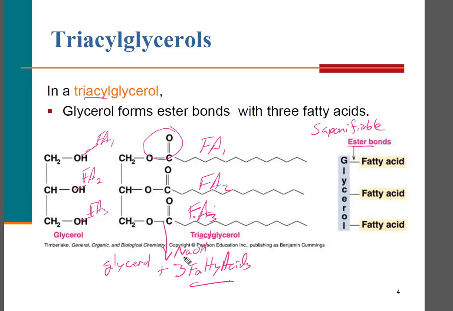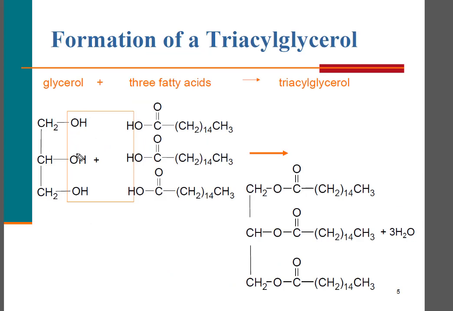But remember, sodium hydroxide is a base. So this is base hydrolysis, saponification. What happens to a fatty acid when it's in a base? Again, glycerol, 3 alcohol groups, 3 fatty acids. It's esterified. And by the way, this is done in cells by enzymes called esterases.